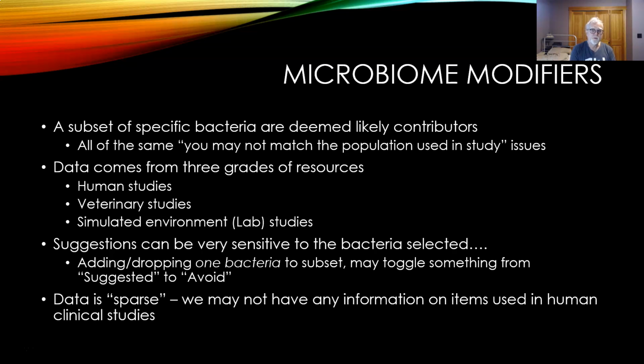But again, all this information is far from plentiful, and what we do is we gather up as much information as we can from each of these, and then we start working with that.